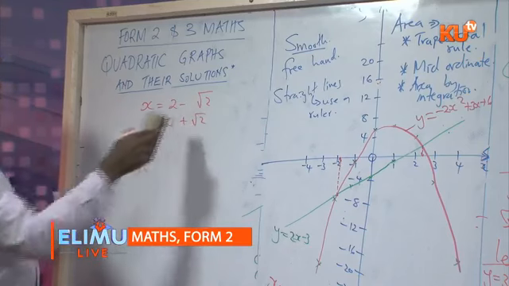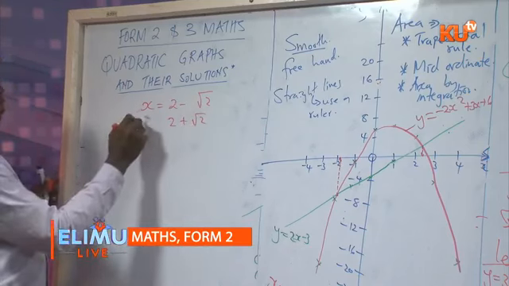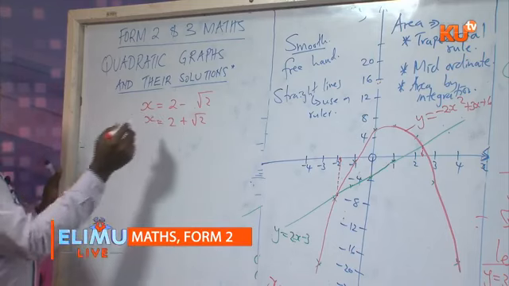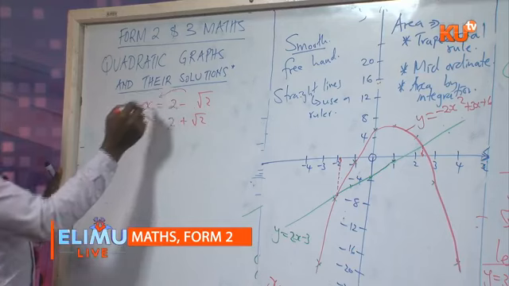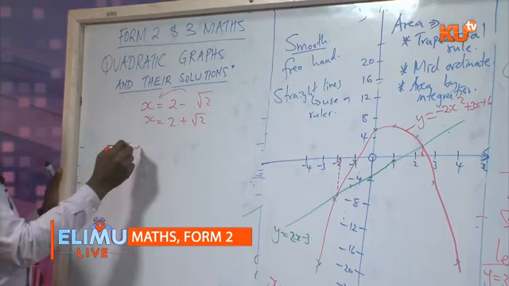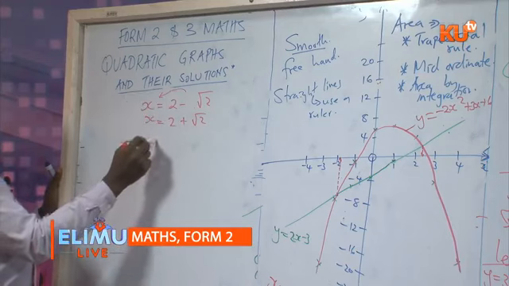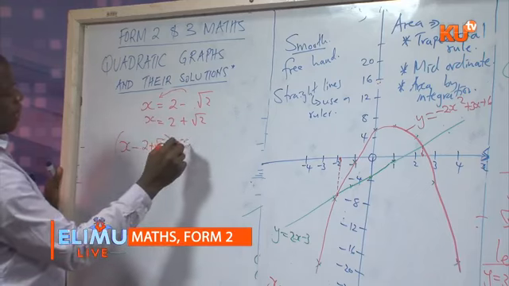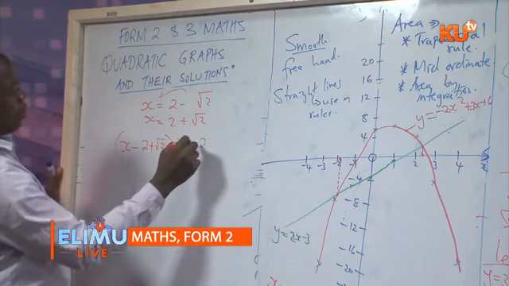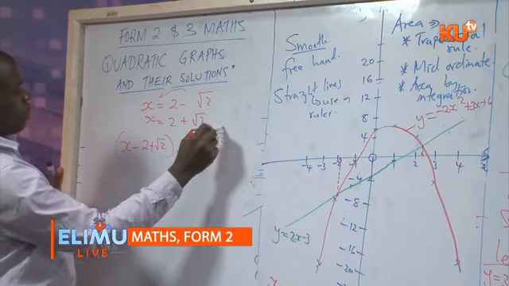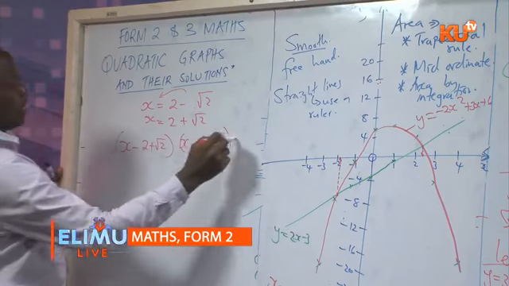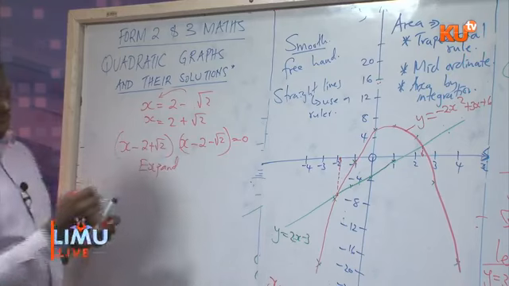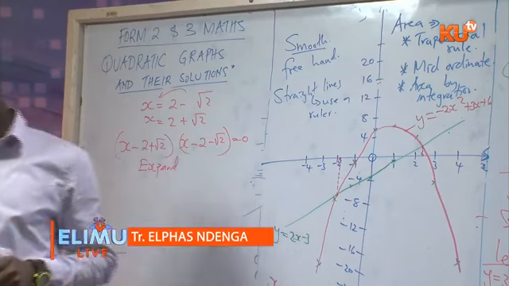When we talk of the roots, we simply mean the solutions to the quadratic equation. So to obtain the equation, simply take this to this side. So you have x less 2 plus root 2. Again, do the same to this. You'll have x less 2 less root 2. Then now expand this equation. Once you expand, that is now what we call the quadratic equation.